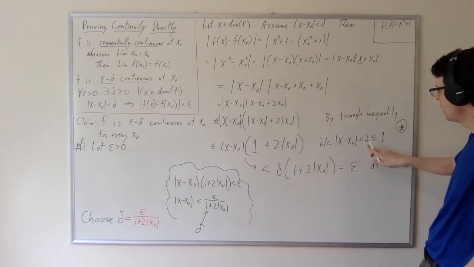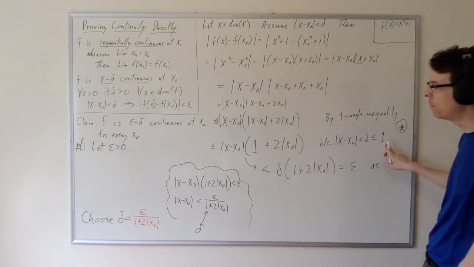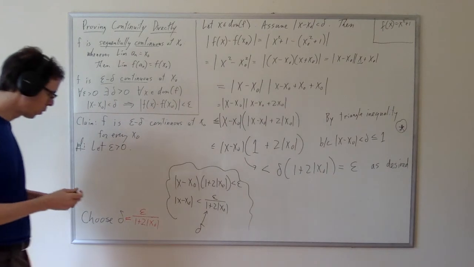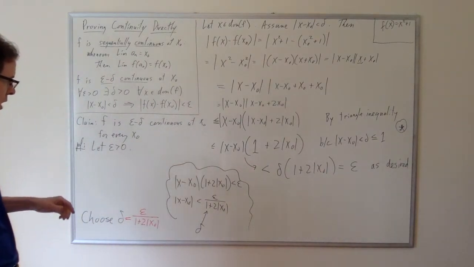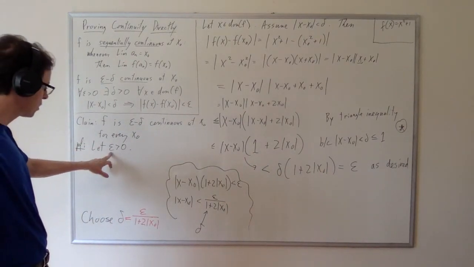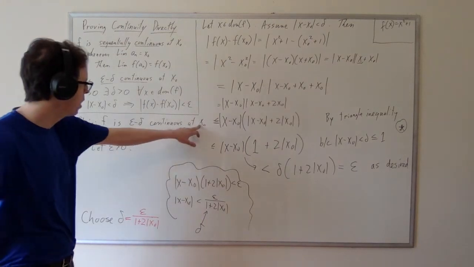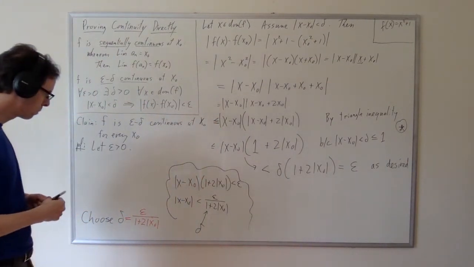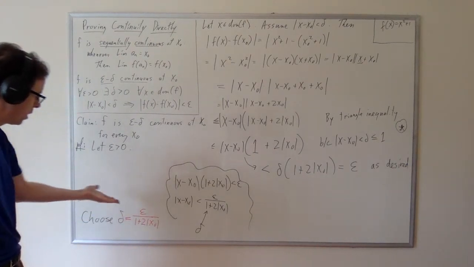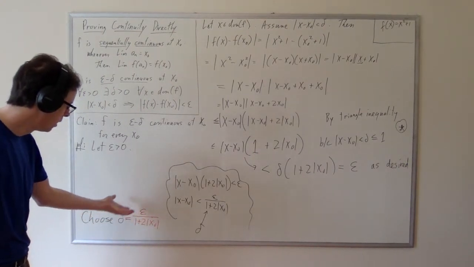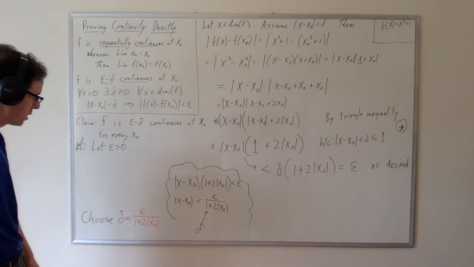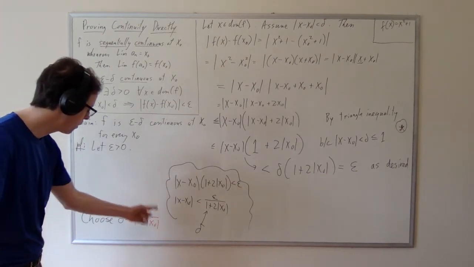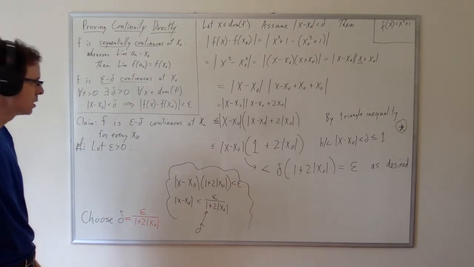I made a prior commitment that delta is not allowed to be greater than 1. And then I said, okay, let's just choose delta to be epsilon over 1 plus 2 absolute x naught. Now, epsilon is completely arbitrary. X naught is completely arbitrary and unknown. I have a 1 here, but I don't have any reason to believe that this is less than or equal to 1, because I don't have any idea what epsilon is.